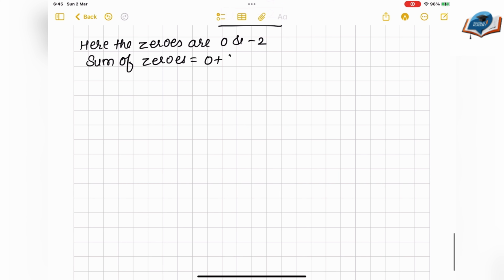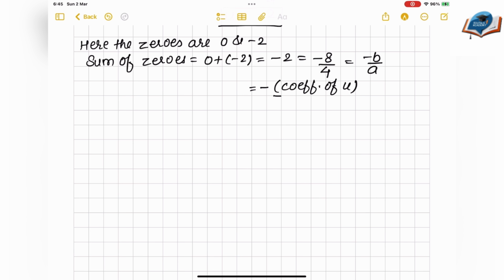That is minus 2, which is equal to minus 8 by 4. That is equal to minus b by a. That is minus coefficient of u upon coefficient of u square.